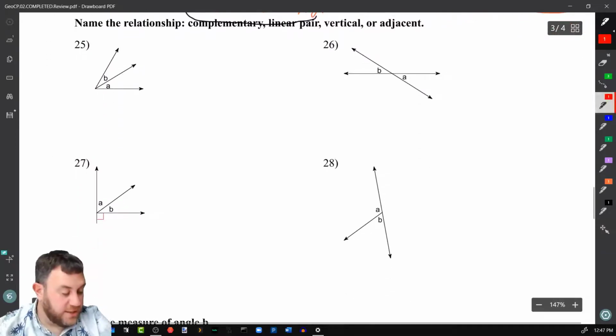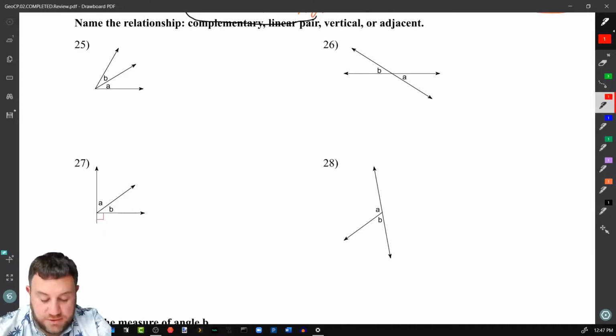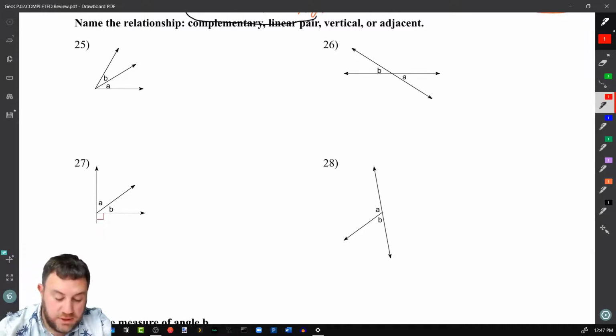All right, for our next section, we're just classifying our angles, our angle pairs. So 25, we don't know anything about their measurements, so it can't be complementary or supplementary. So it has to be vertical or linear pair or adjacent.